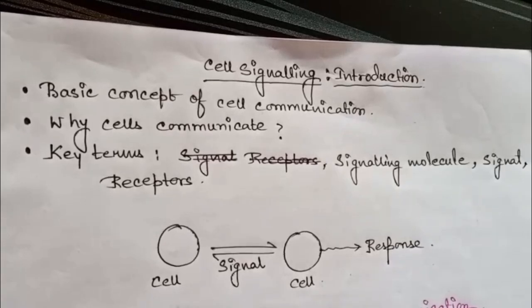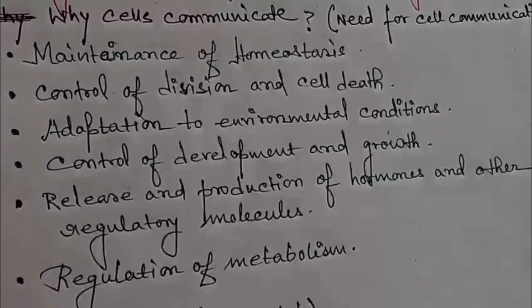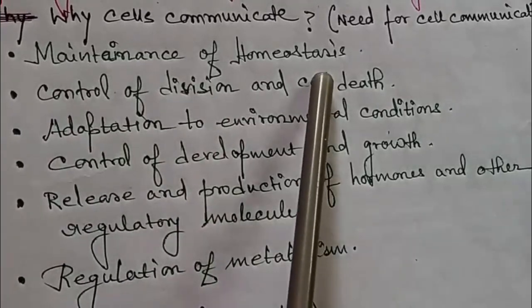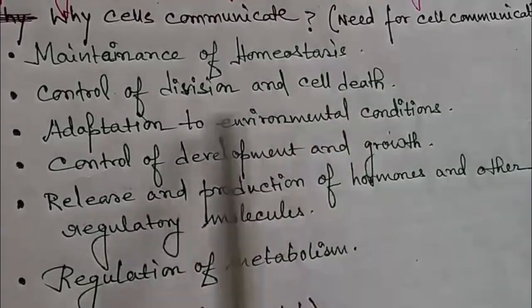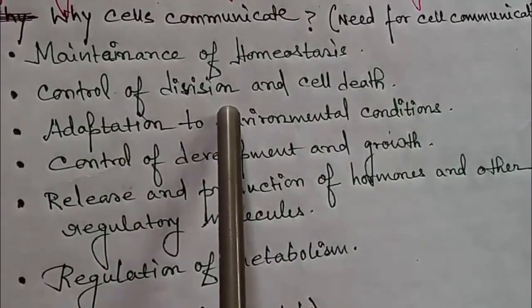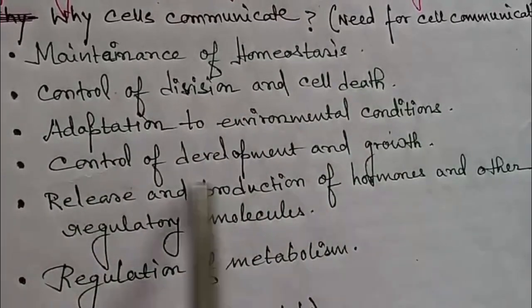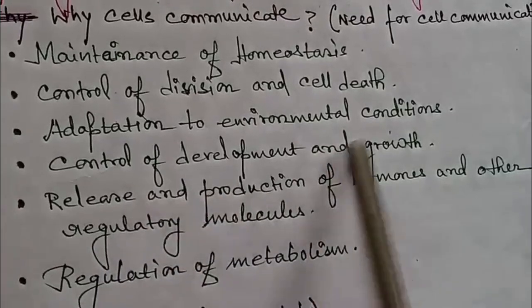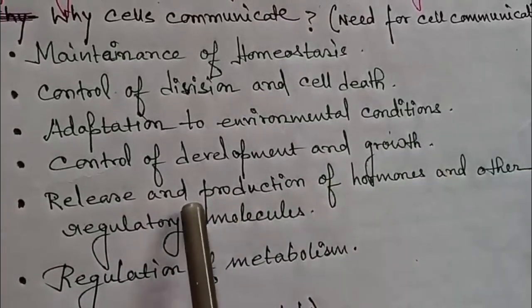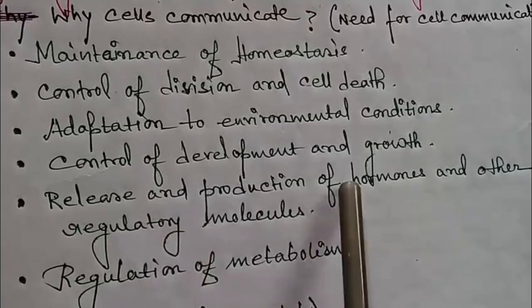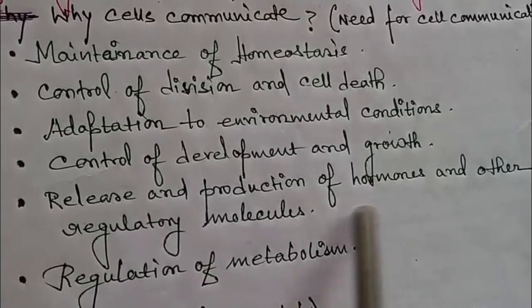So now we discuss the need for cell communication. What is the need for cell communication, or why can cells communicate with each other? For maintenance of homeostasis, cell division and cell death can be controlled by cell communication, and several adaptations to environmental conditions, development and growth can be controlled by cell communication.